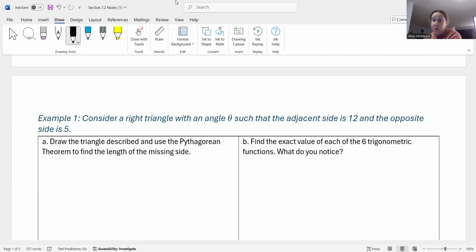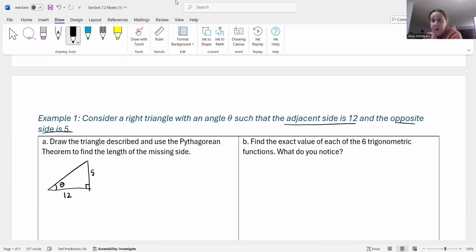If you're not familiar with the Pythagorean theorem, please become familiar. It's going to be a huge part of this. So we need to draw a right triangle. We're going to put our right angle in right here. We need to put in theta, so we're going to say theta is right here. We are told that the adjacent side is 12 compared to theta. The opposite side compared to theta is 5.